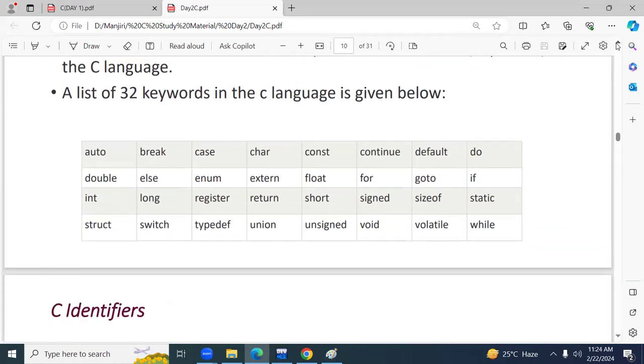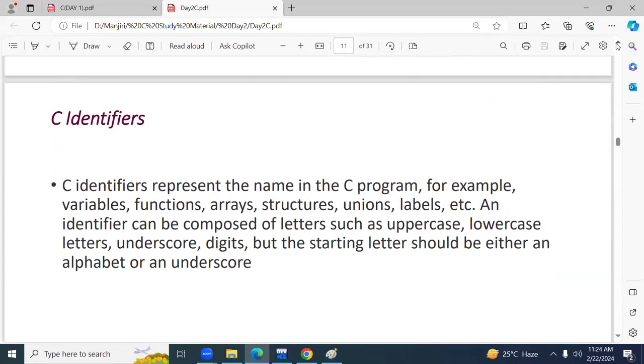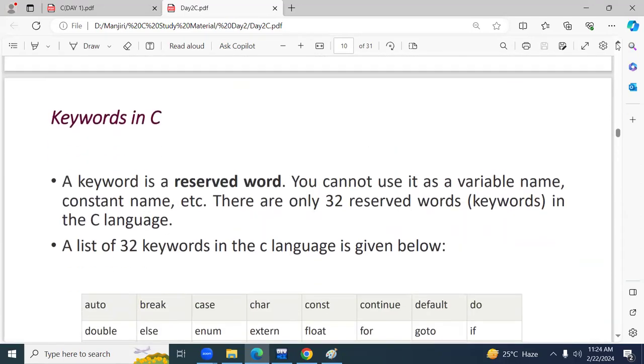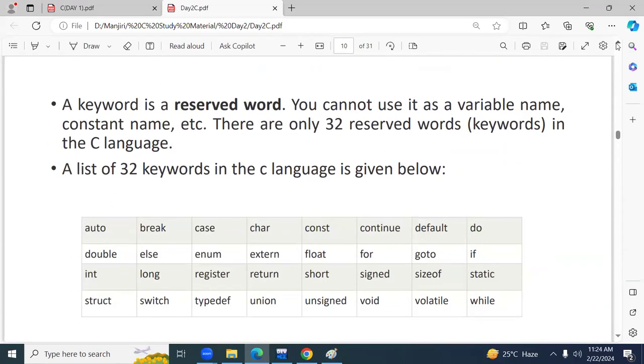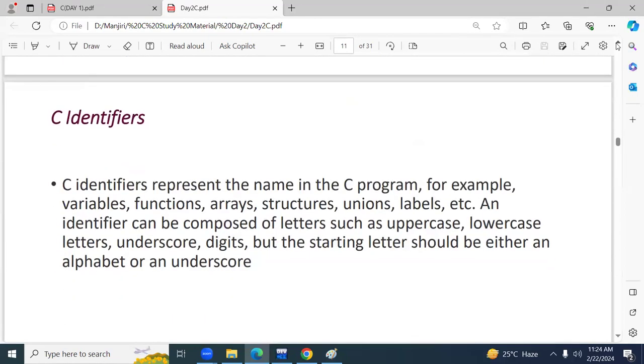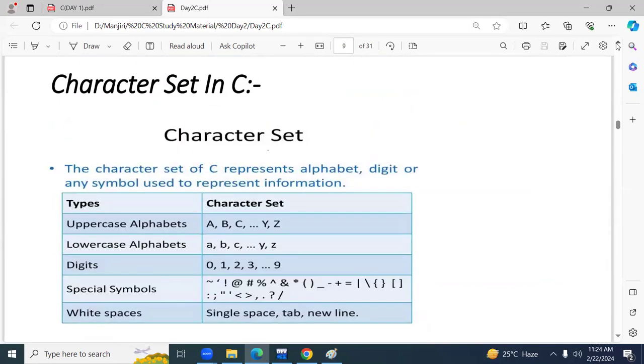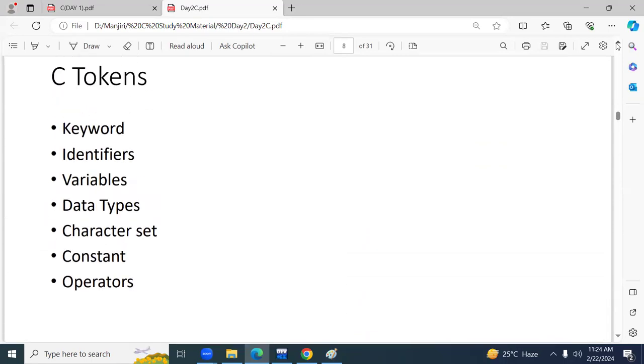Then next, these are the predefined words, that is known as a keyword. But suppose I want to create my own words. Then we can create them with the help of C identifiers. So these are nothing but the tokens. What is meant by C tokens?